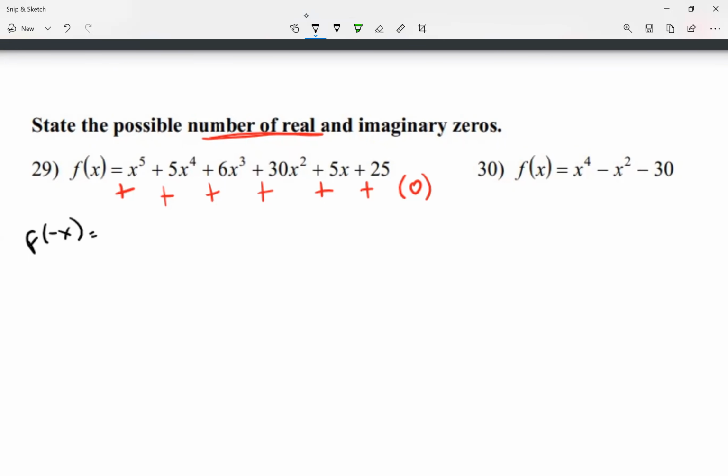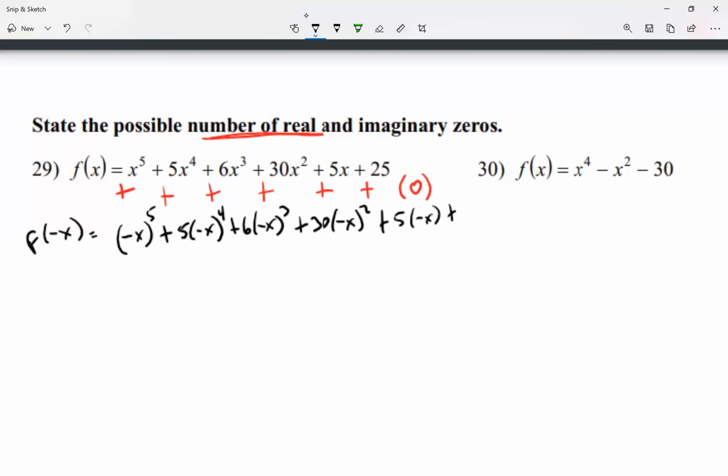Now let me think of f of negative x. So I'm going to have negative x all to the fifth. Instead of an x, I'm going to use a negative x, using parentheses if necessary, plus 5 negative x to the fourth, plus 6 negative x to the third, plus 30 negative x to the second, plus 5 times a negative x, and plus 25. Again, instead of x, I wrote negative x.